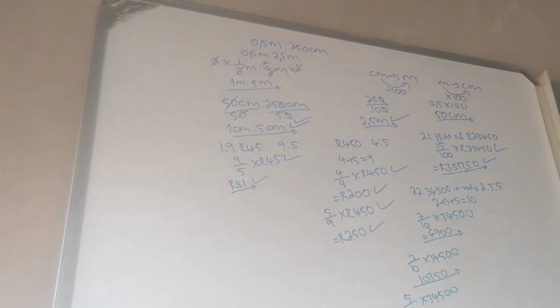And then the last one gives 17,250. So how do you get 6 marks? 2, 2, 2, a total of 6.